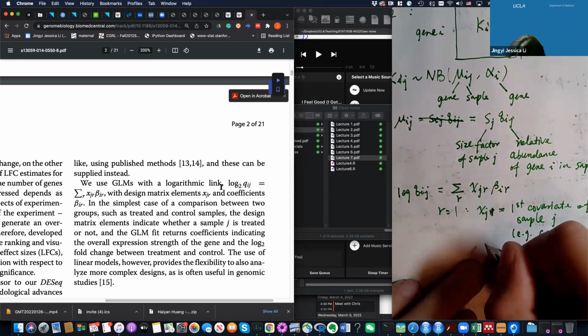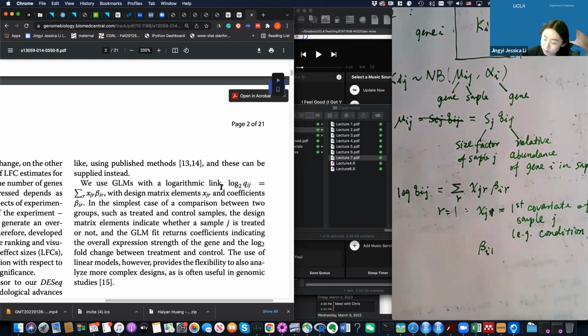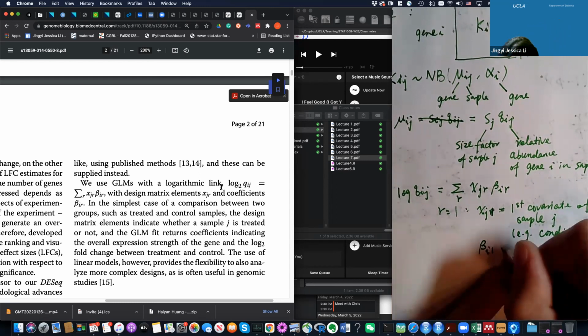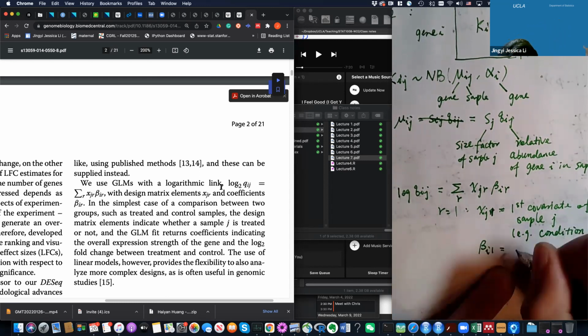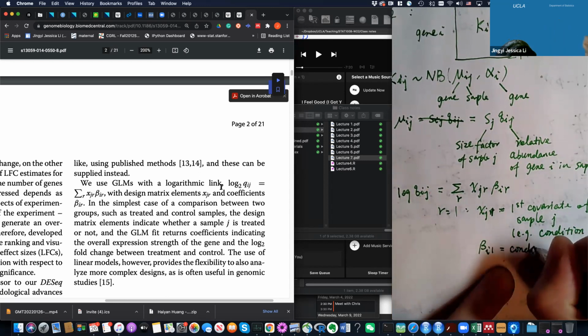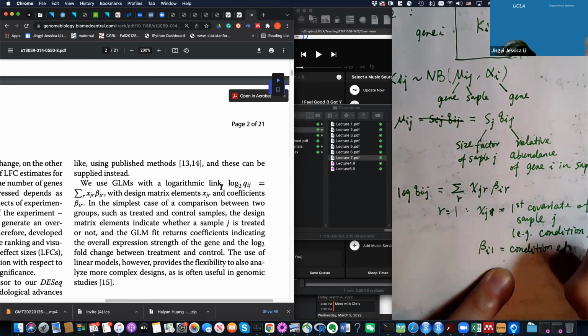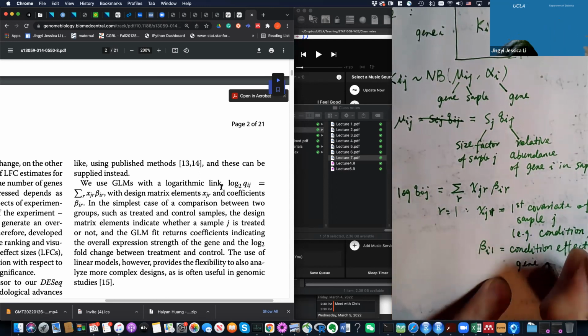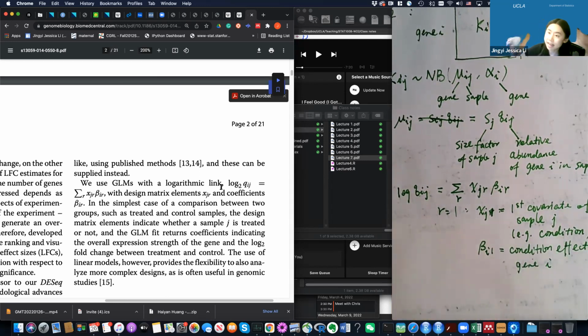Then correspondingly, beta i1, to be matched with Xj1, is the condition effect on gene i. So if that's the case, then beta i1 is what we are interested in, which indicates DE.